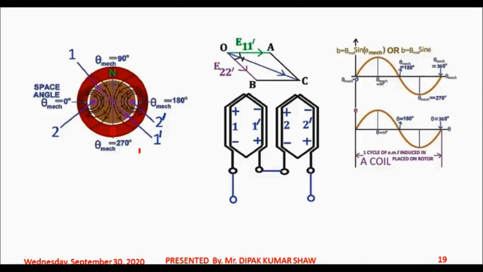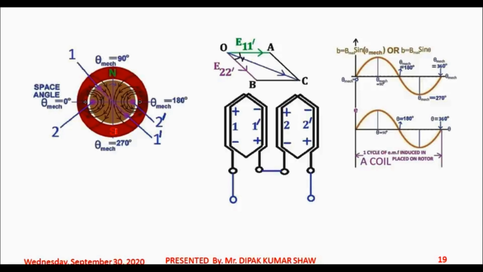So now let us find out what is the time instant for which the positive peak of the induced EMF in coil 1 1 dash would happen, when coil 1 1 dash is coming in such a position, because the rotor is rotating. So in this particular diagram or snapshot, coil side 1 is not under the center of north pole. Coil side 1 dash is not under the center of south pole.